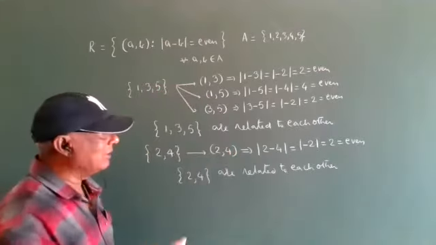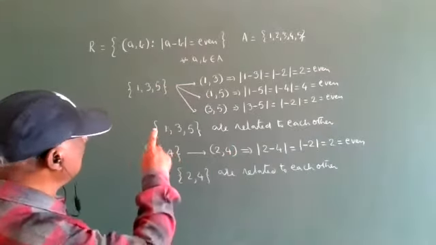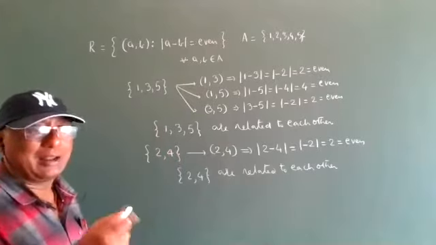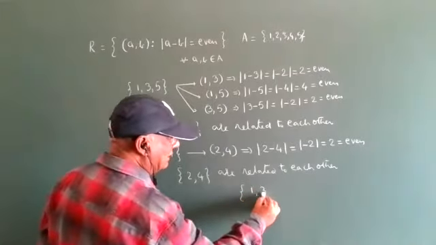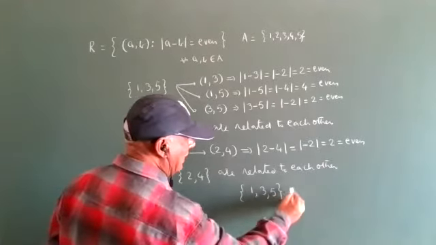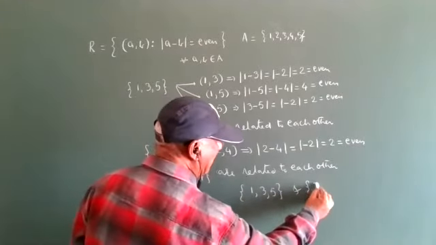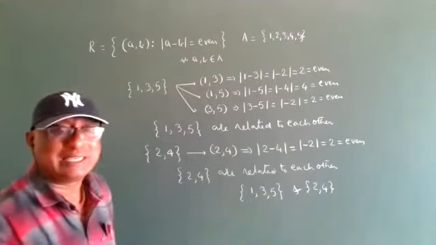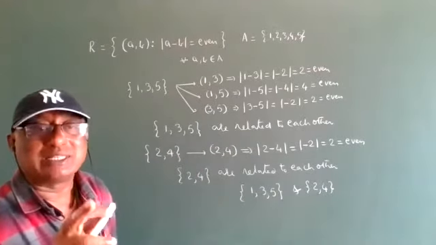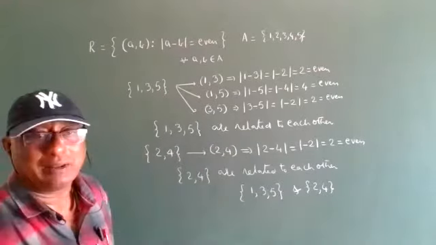Now see, are 1, 3, 5 and 2, 4 related or not? Observe: the difference of 1 and 2 is an odd number, not an even number.